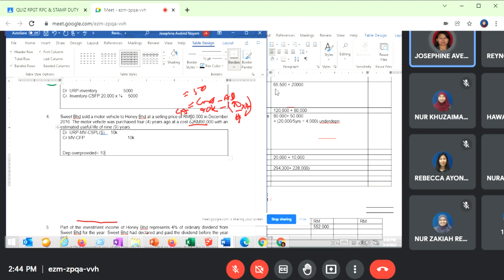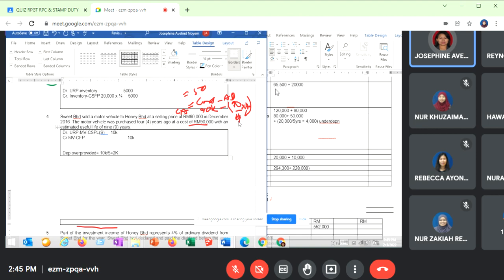You just take the 10,000 and you divide by the remaining useful life. Estimated life is 9 years. You have already depreciated it 4 years, so the remaining useful life is 5 years. That will give you a depreciation that is overcharged by 2,000 per year.